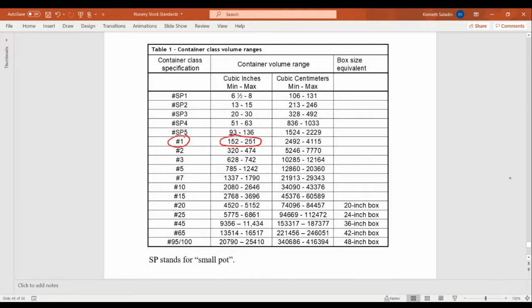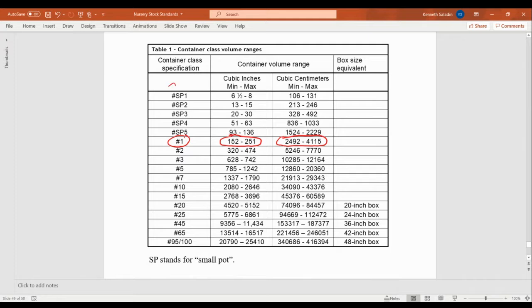And this column over here expresses that volume in cubic centimeters. Okay, so in order to be a number 1 container, you have to have a certain volume to be classified as a number 1 container. So that's what this table is telling us.